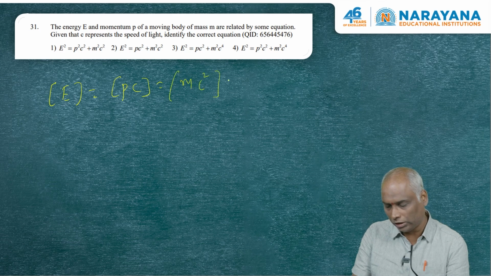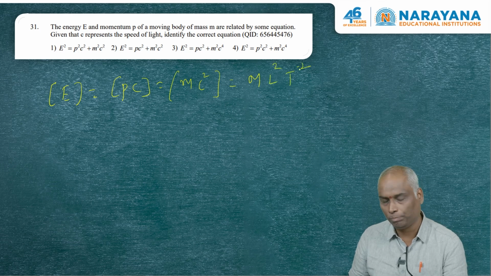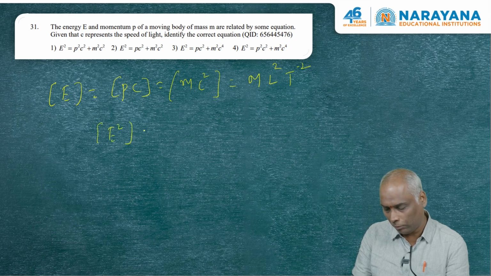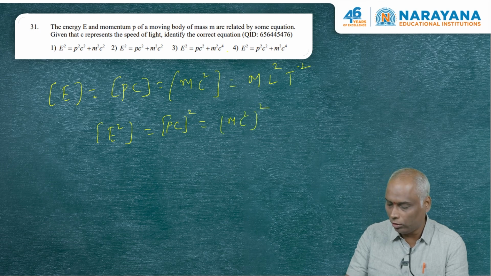All these three quantities will have the same dimensional formula as that of energy, which is M L square T power minus 2. Because of this, the dimensional formula of E square and the dimensional formula of (PC) whole square will be equal to the dimensional formula of (mc square) whole square. Therefore, it's going to be option 4.